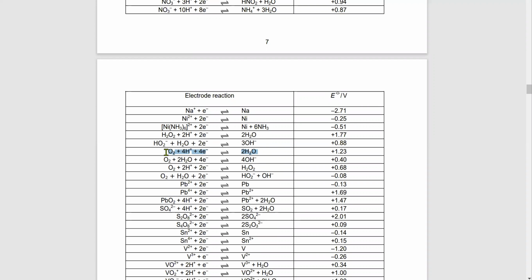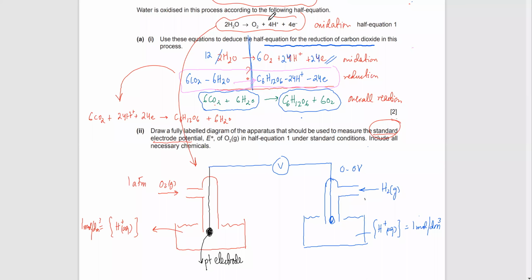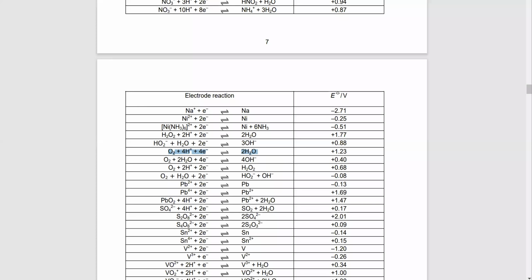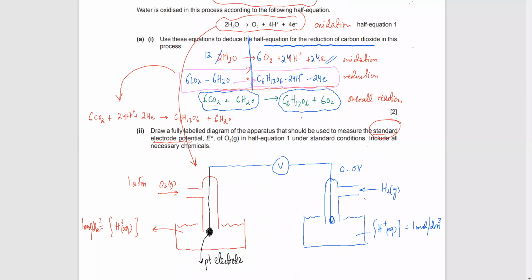Water molecules, oxygen and H plus 1. This is 1.23 volts. Let me just confirm. So oxygen and H plus 1 are gaining electrons, so it is this electrode. Yes. So this side would be 1.23 volts. And your E naught cell in this case would be 1.23 volts.